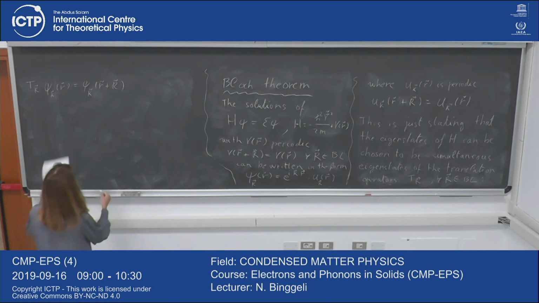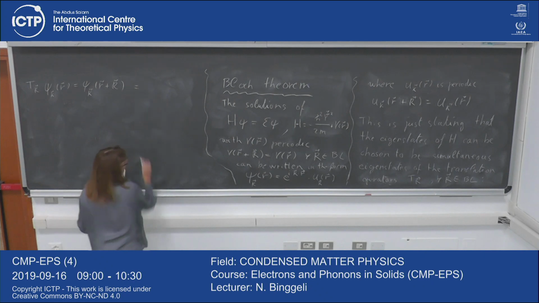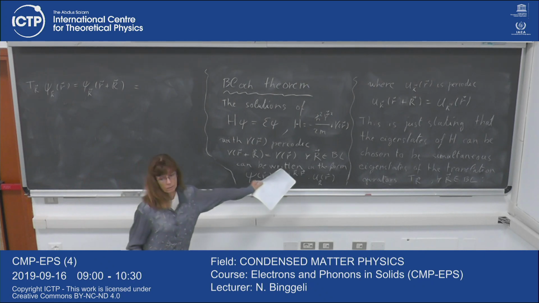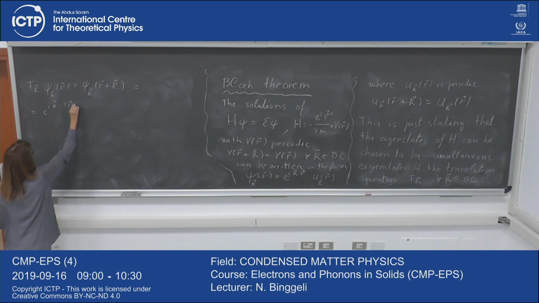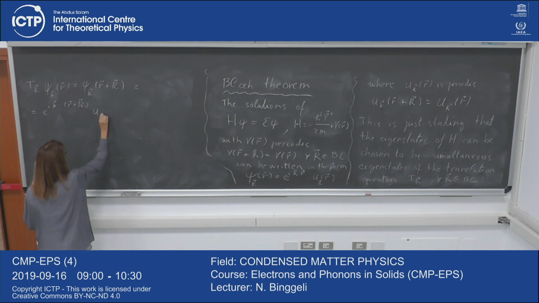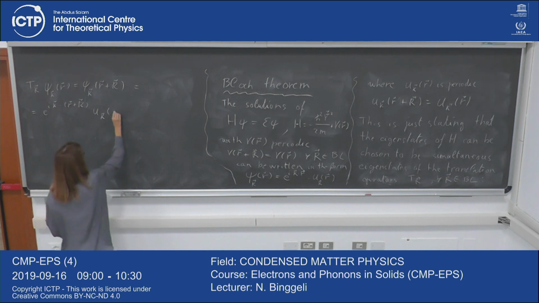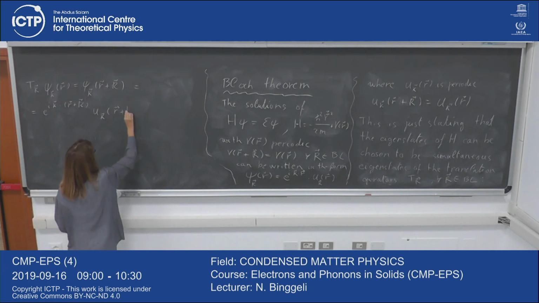And if I use here the Bloch state, that has this form, then I obtain exponential ik times r plus capital R, times uk of r plus capital R.